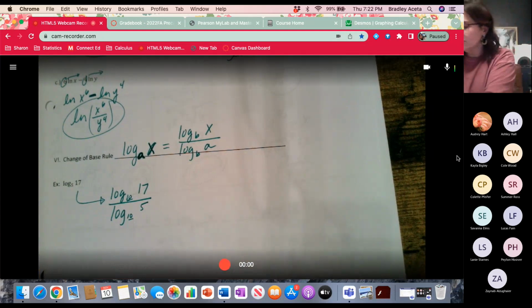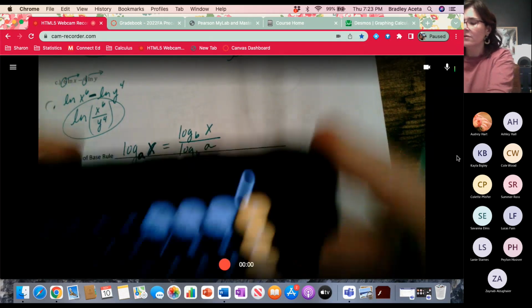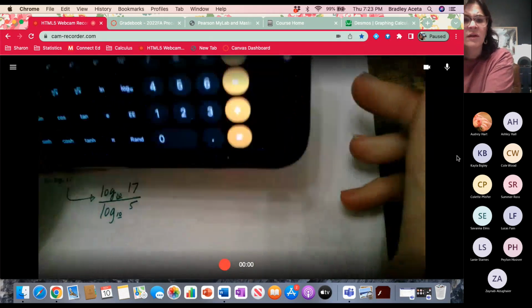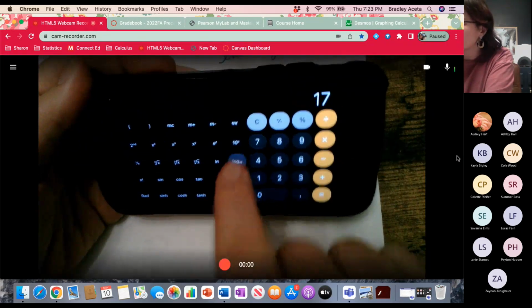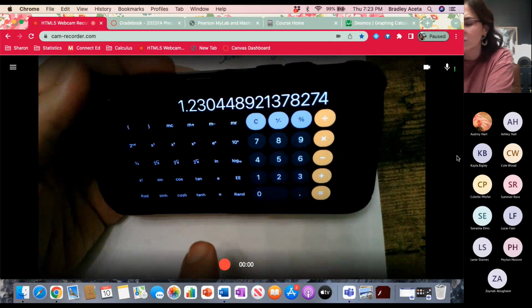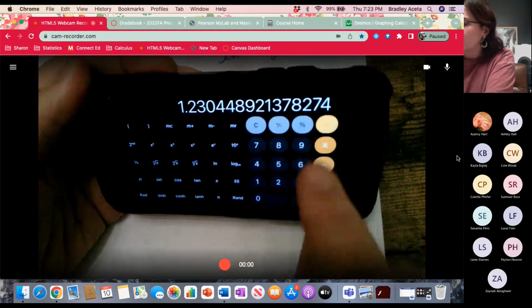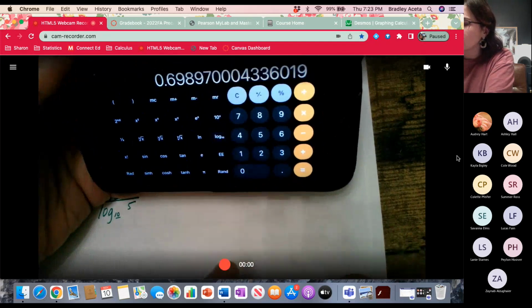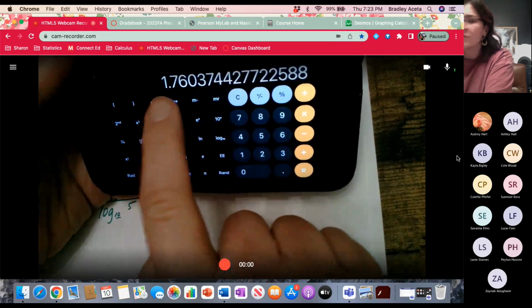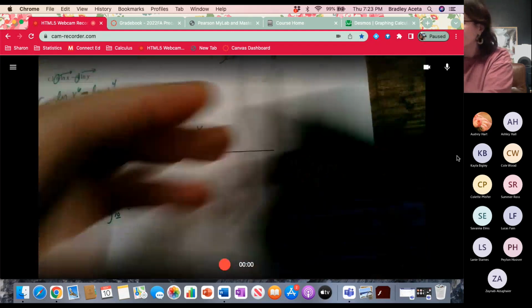So what you would do is on these 4-function scientific calculators, you would go over here just to show you, and you type log base 10 of 17. So I think on my calculator, you have to do 17 and then hit that, 1.23, and then divide it by 5 log base 10, and then hit equals 1.76.